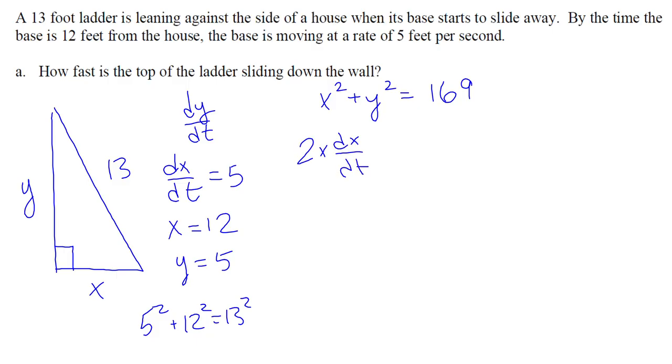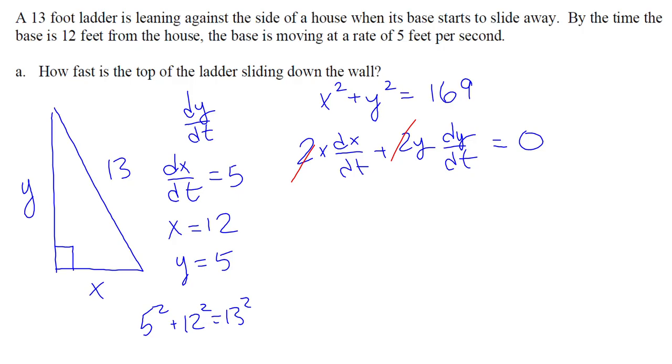2x dx/dt plus 2y dy/dt is just equal to 0 because the derivative of 169, that's a constant, is just 0. We can eliminate the 2's just like we did in the last problem.